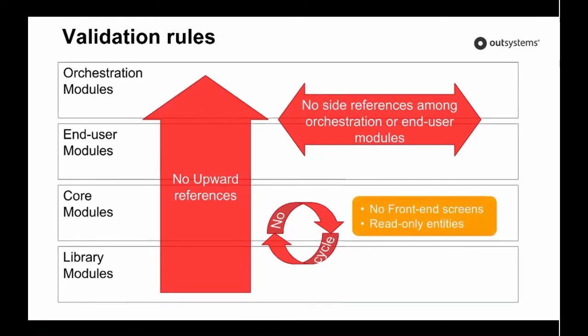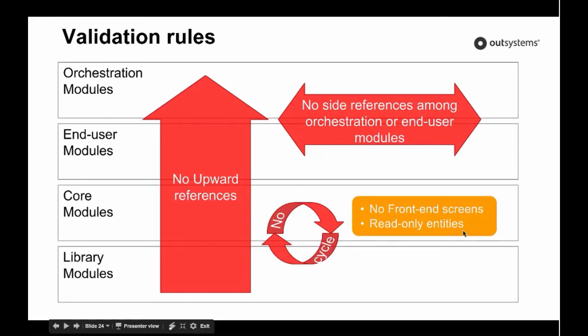I have just a few side recommendations: the core modules should not have front-end screens. They may supply reusable UI snippets like web blocks that can be reused, but this is not the place to supply screens.